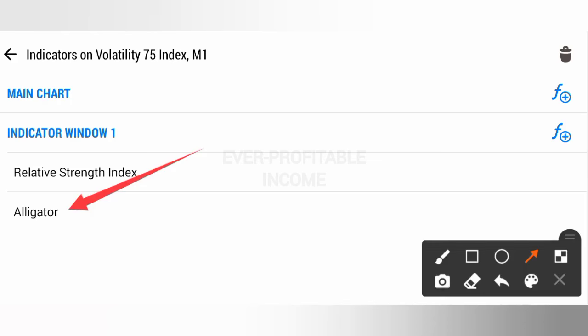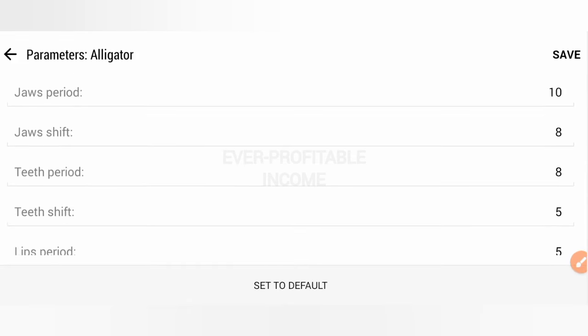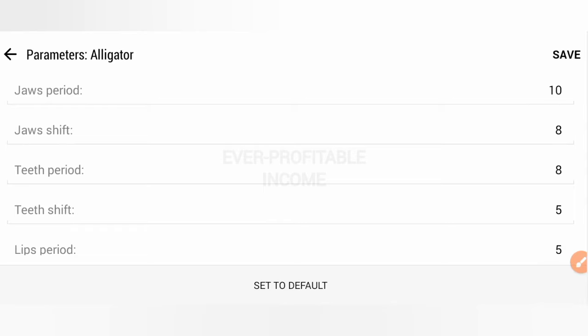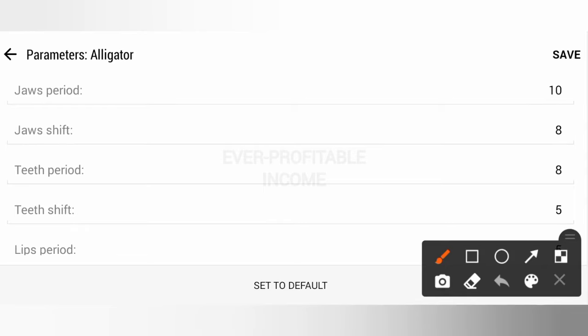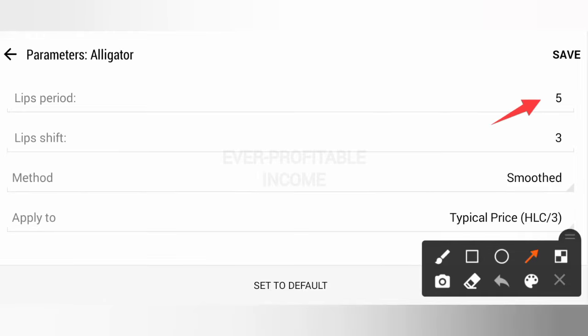Click on it, and these are the parameters. Take a screenshot. We have the jaws period as 10, the jaws shift as 8, the teeth period as 8 and the teeth shift as 5. Then we have the lips period as 5, and the lips shift as 3.